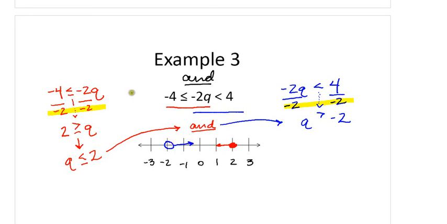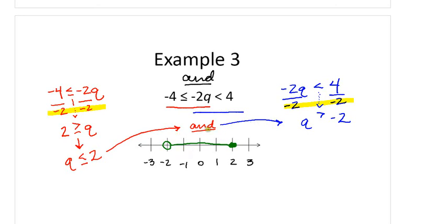Where these two lines overlap is this section right here. So what I have is the shaded region with a closed dot at 2, an open dot at negative 2, and a line in between. Because this is the region where q is less than or equal to 2 and greater than negative 2.